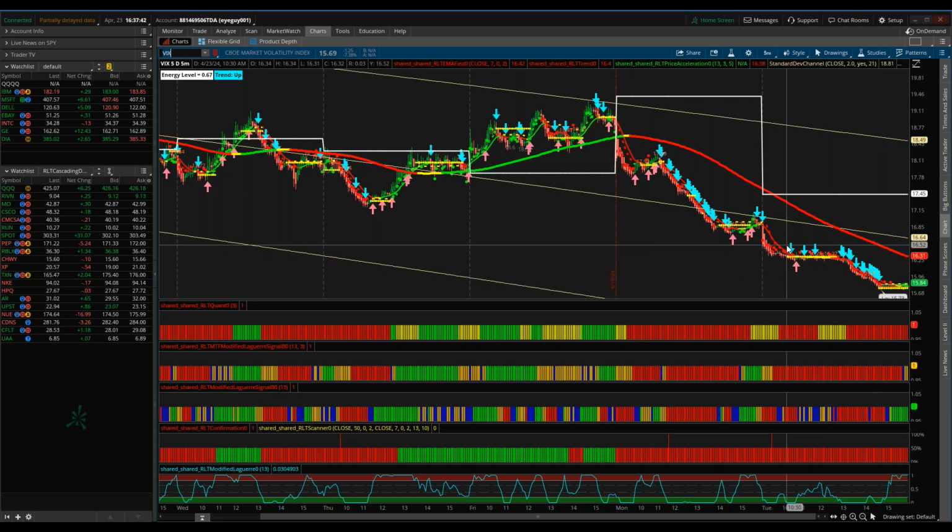Now, what does the VIX tell us? The VIX is a measure of fear. And what it does is it looks at the number of traders that are purchasing puts to cover their stock positions. So when the VIX spikes, you know that traders are genuinely scared that the market is going to tank.